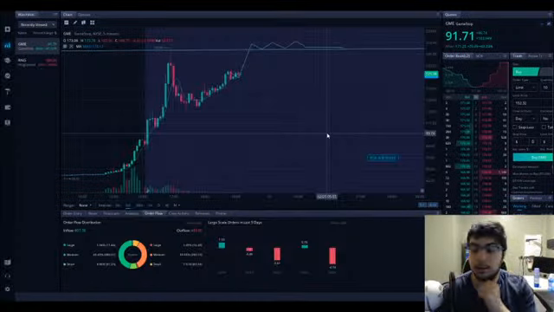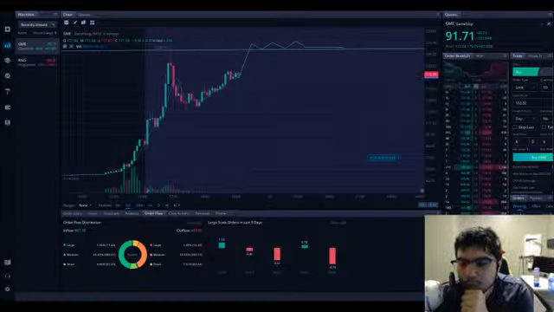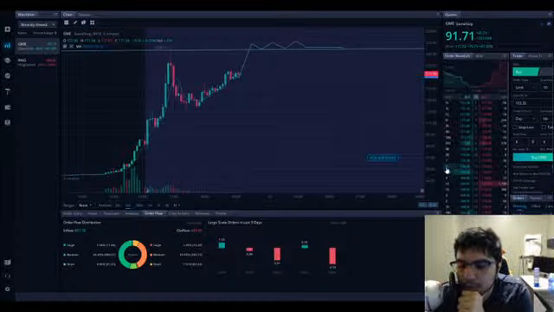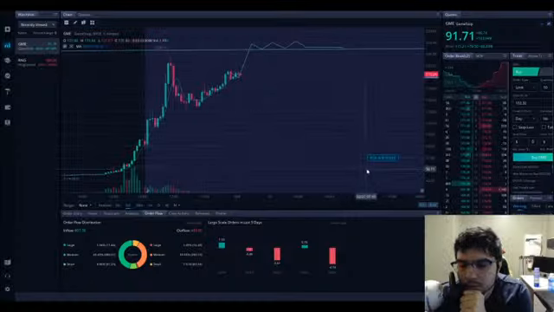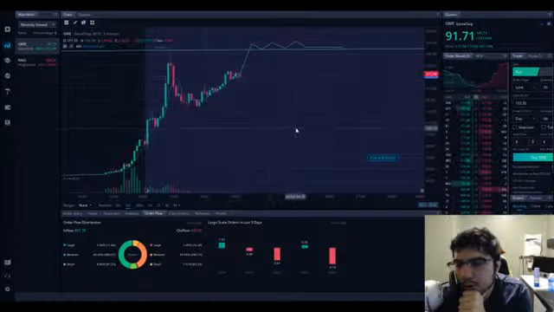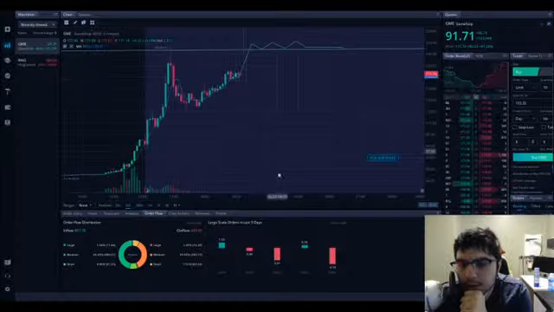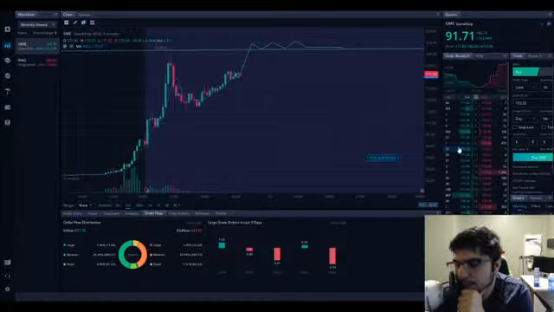Okay, this is the moment. We need our whales now. Where are they? I don't know. That's not enough. If we don't get our buying pressure, this might be the cup and handle. Hopefully not.